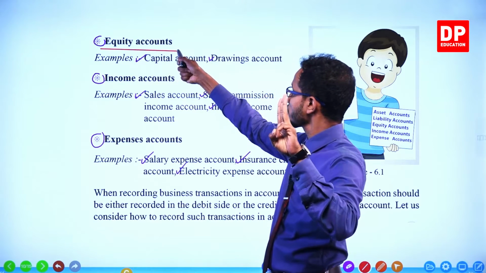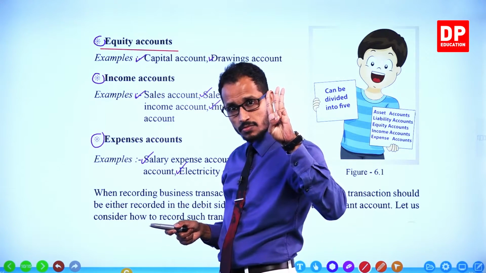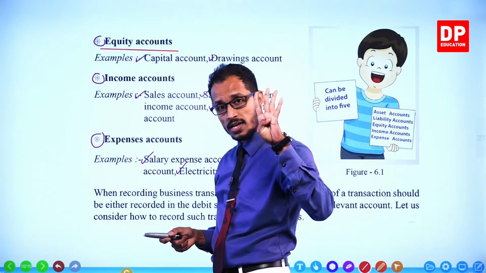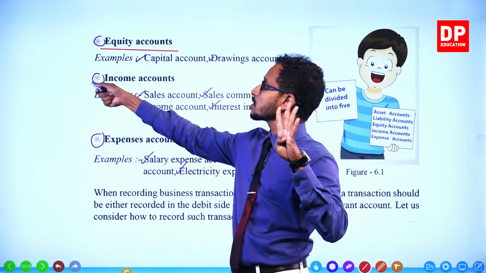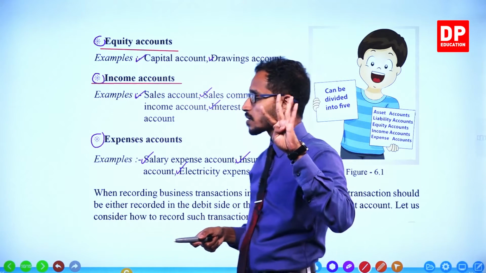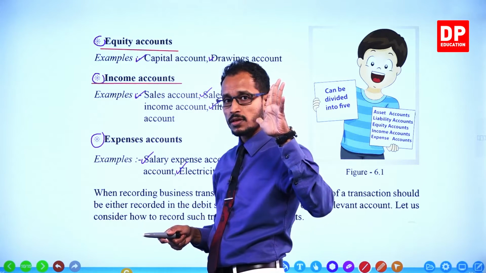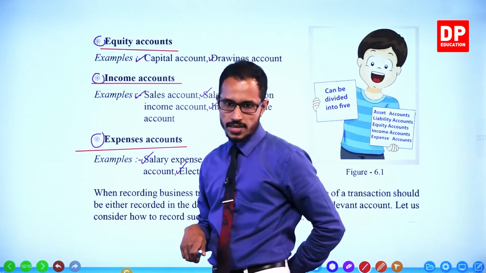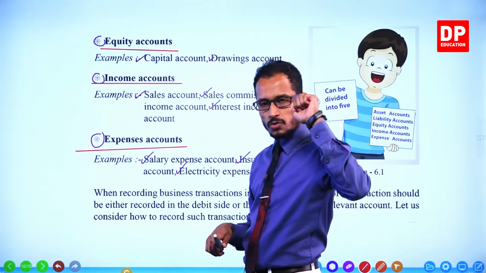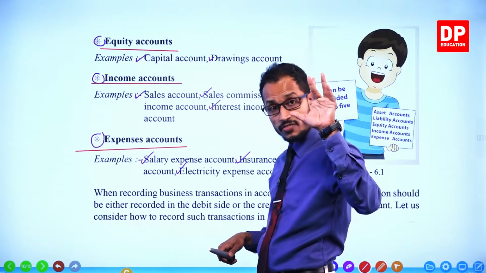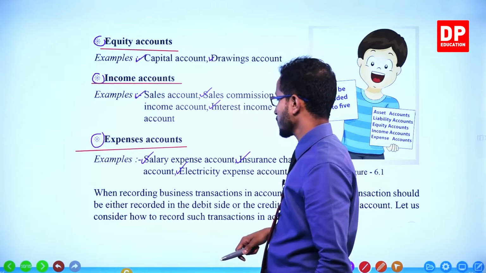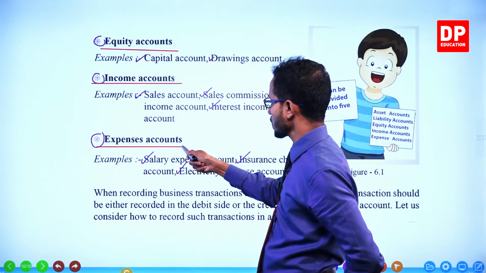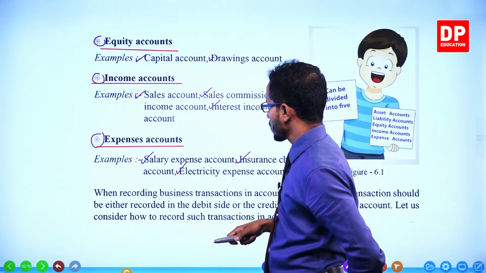Four, income accounts. Fifth one, expense accounts. There you go. How many types? Five types of accounts are there. Okie dokie.